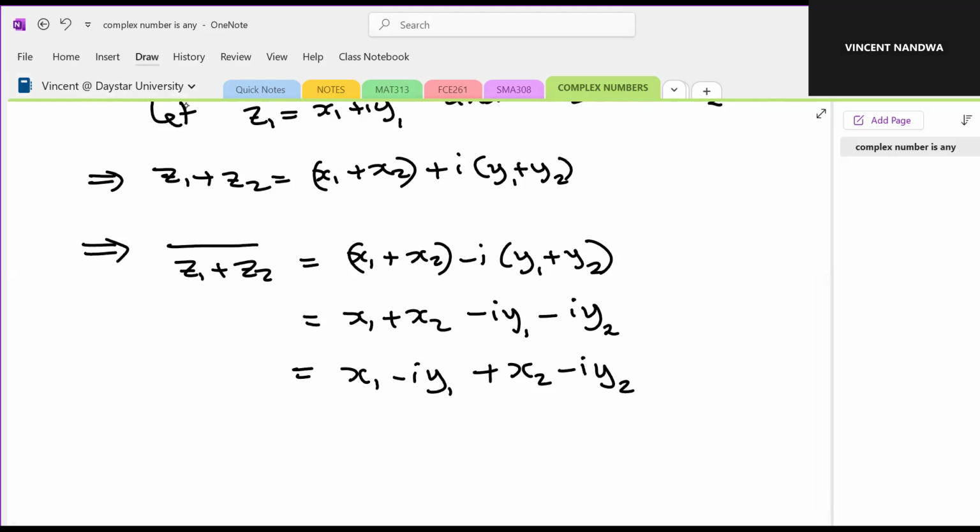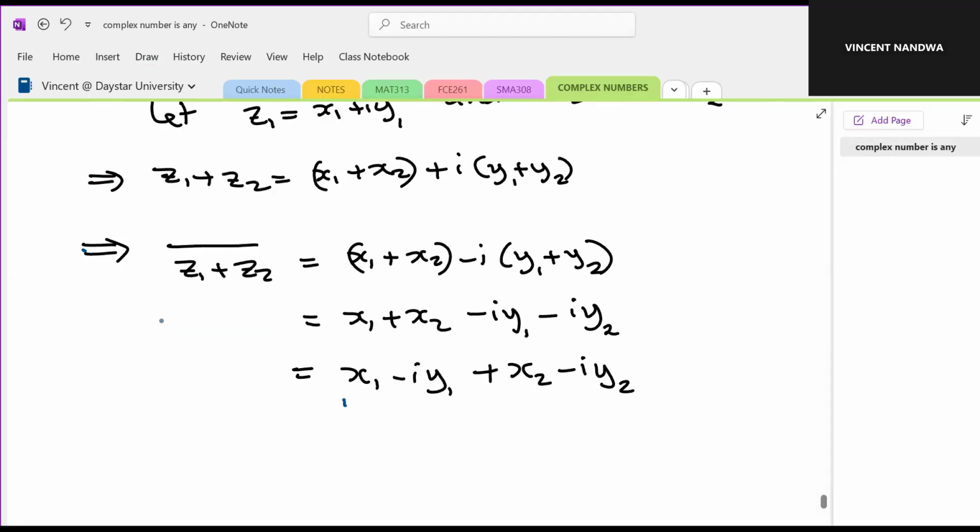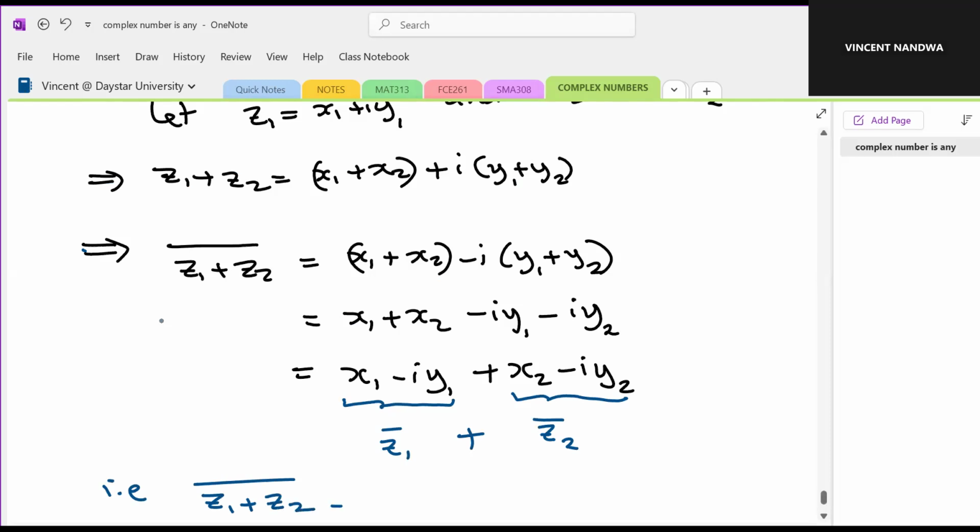And you clearly see that this part is actually the definition of the conjugate of Z1, and this is the definition of the conjugate of Z2. That is, the conjugate of Z1 plus the conjugate of Z2. So this is the end of the proof.